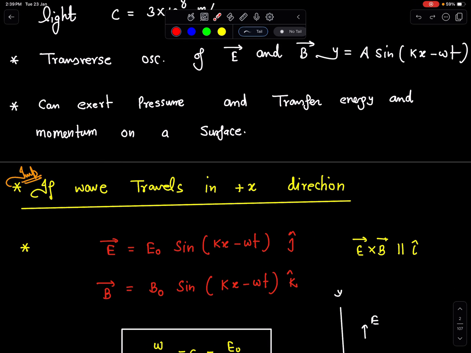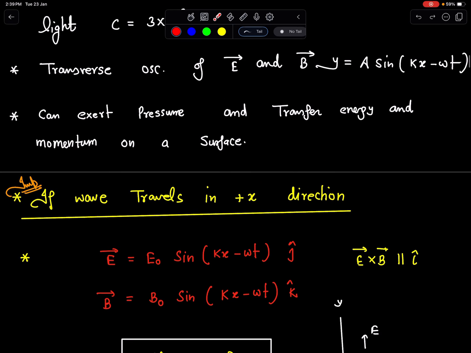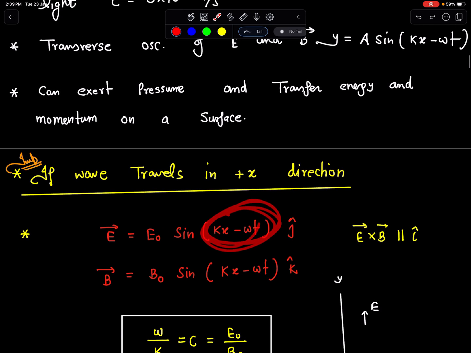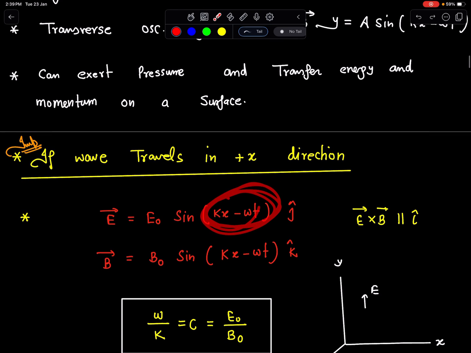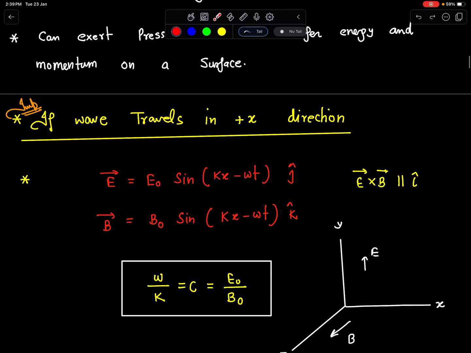I'm assuming here a wave is traveling in the positive x direction. So I can assume its equation to be of the form kx minus omega t or omega t minus kx. Now one thing is clear: if it is traveling in the positive x direction, then definitely vector E cross B is going to be parallel to i cap, the x axis.